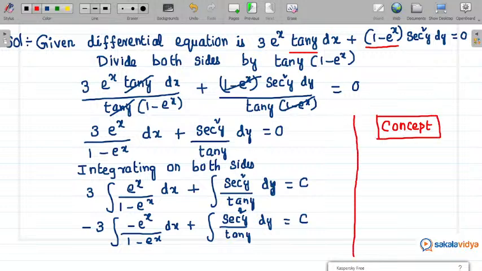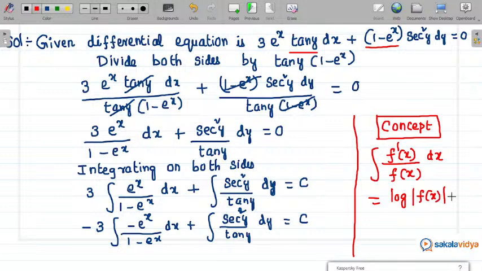The integral of f dash x by f of x dx, where the numerator is the derivative of the denominator, is equal to log of the denominator, that is, log of f of x plus c. Using this concept, the problem can easily be solved.